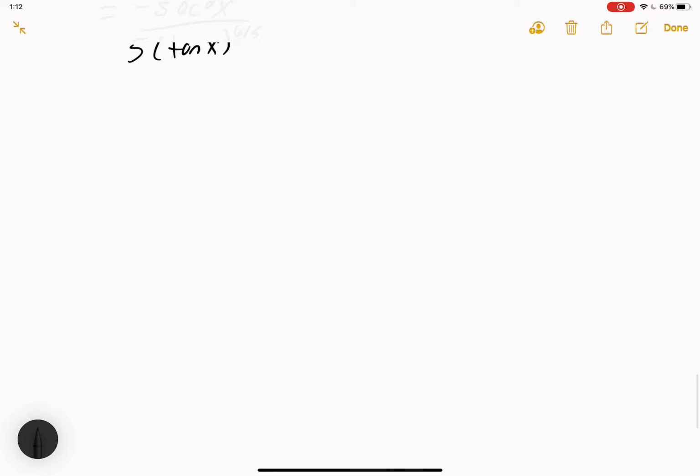Then one last example. We're going to do g of x is equal to e to the secant of x. So remember, g prime of x is going to be the derivative of whatever is happening on the outside, which is e to the x, and the derivative of e to the x is just e to the x.